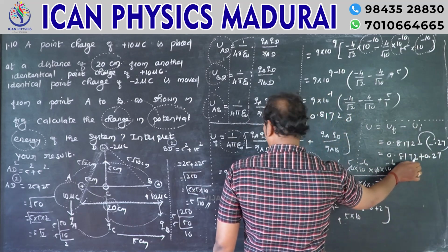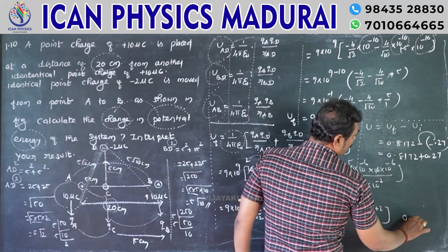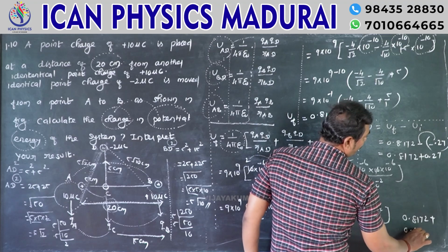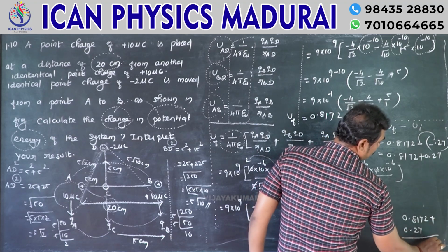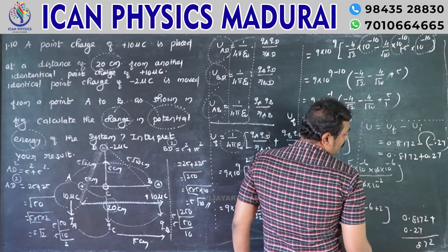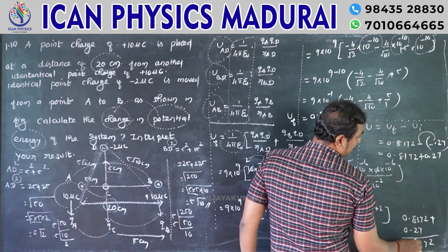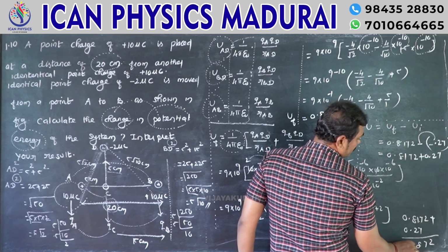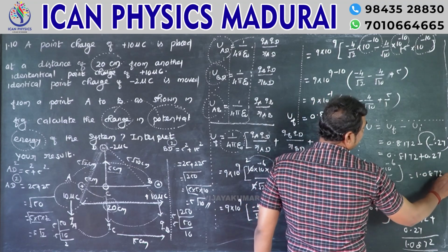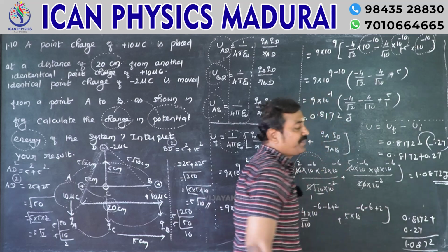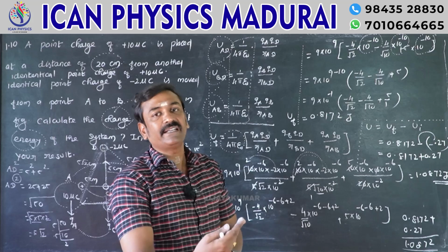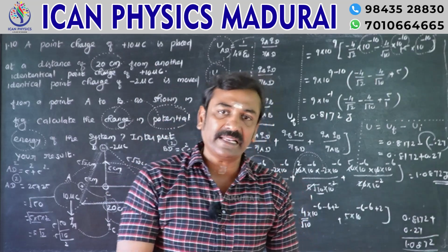So now we can add. 7 plus 1, 8. 8 plus 2, 10. So 1.0872 joule.